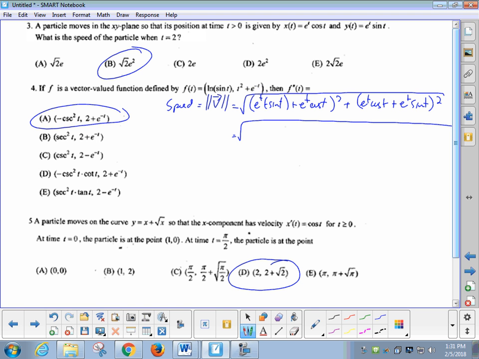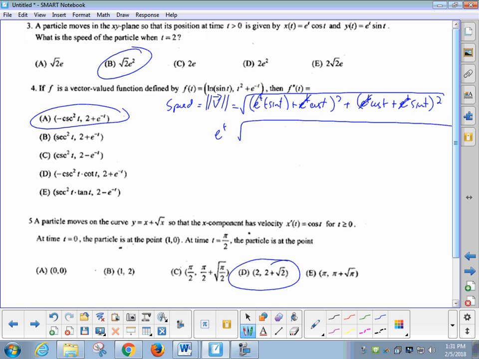You pulled out an e to the t squared and square rooted? Okay. Do you agree that you can take out an e to the t squared here, an e to the t squared here, and all those are gone? Yes?